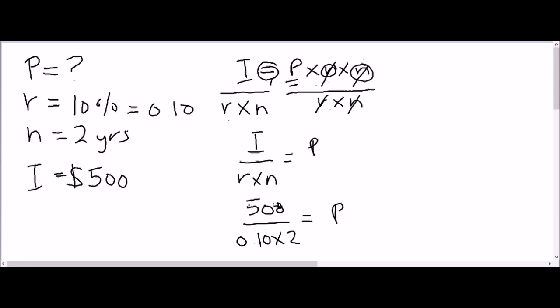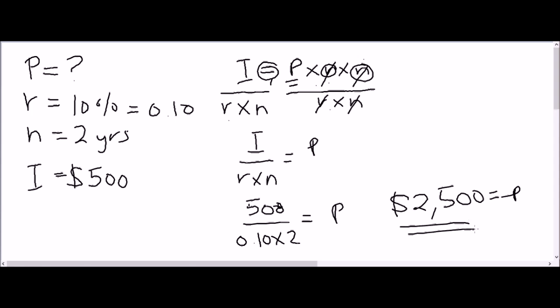Now if you compute this, so $500 divided by 0.10 multiplied by 2, that will give you an answer of $2,500, and that is equal to the principal.